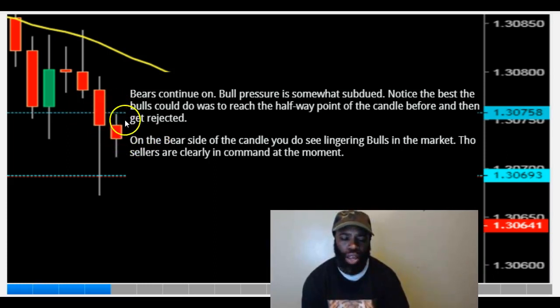It's letting you know there must be a lot of pressure going on, right? So on the bear side of this candle, you're going to see some lingering bulls in the market also, right? So the sellers are clearly in demand, but this is a wick. This is a wick, right?